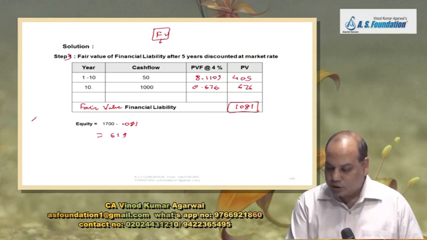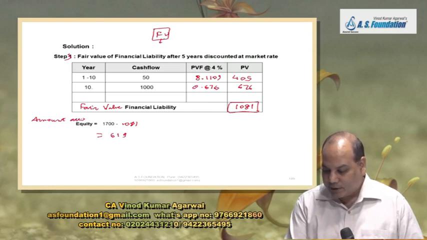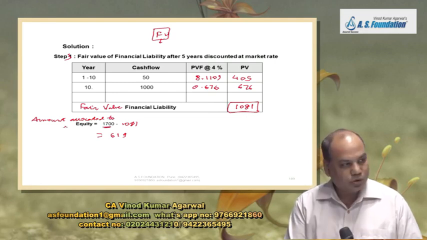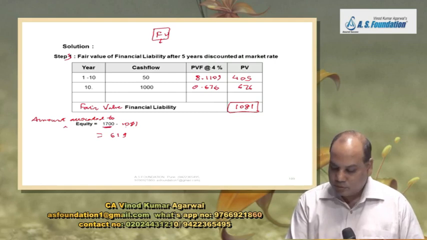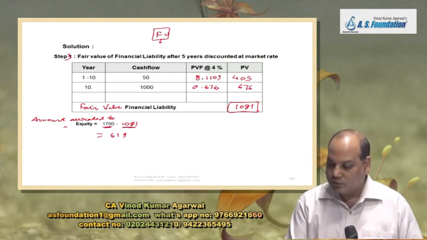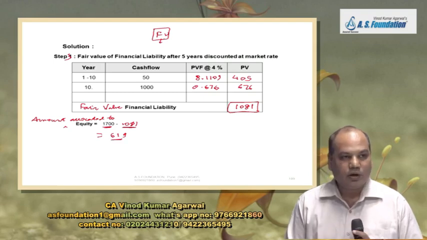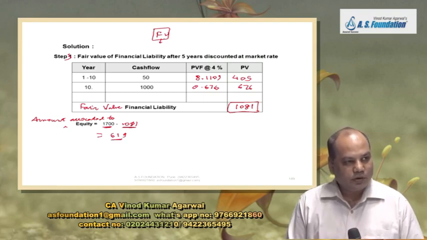So write: amount allocated to equity. Same thing you have to do on early redemption also. Amount allocated to equity is 1700, total consideration paid, minus consideration paid towards liability 1081, which is 619. Is it right?